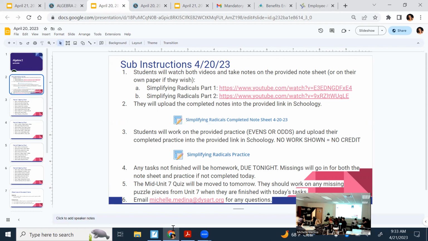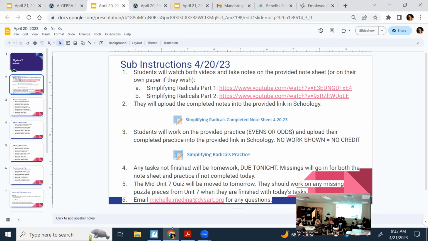In my experience, I always have to reteach it. So simplifying radicals is just one of those things that you need to know how to do now and moving forward in your math. So feel free to watch those videos. It's 2 parts, but that's because last year we did other lessons during that same day, so it was just split into 2 parts.